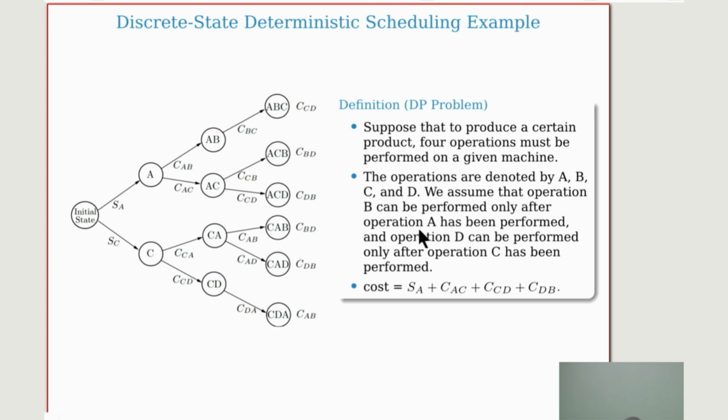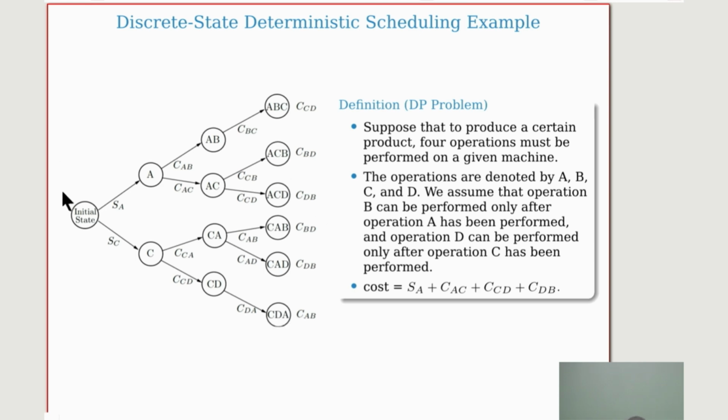says that an operation D can be performed only after operation C has been performed. So D can come only after C. D can come after C, cannot come before C. As we can verify from here, D comes only after C has happened.